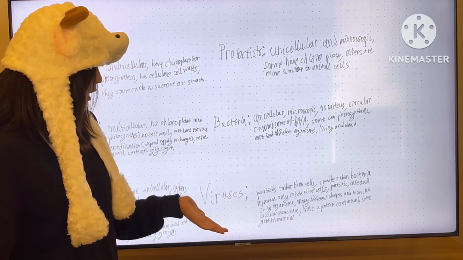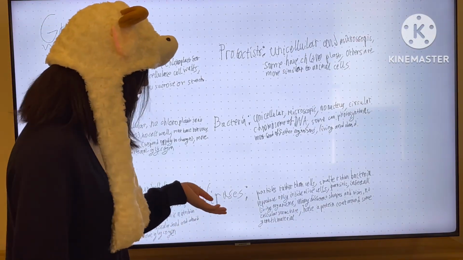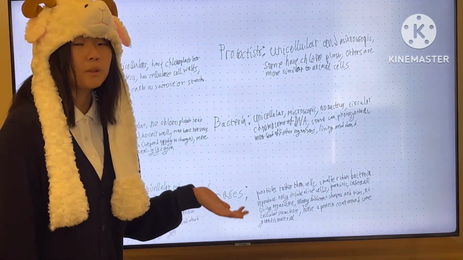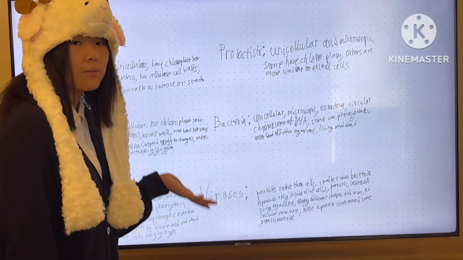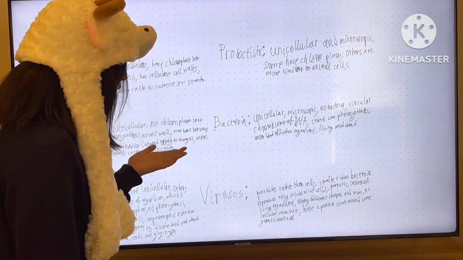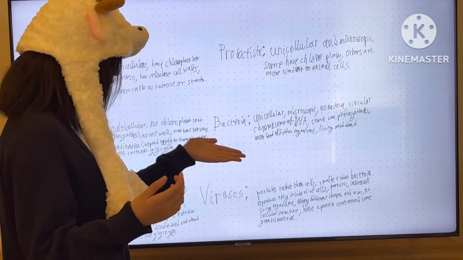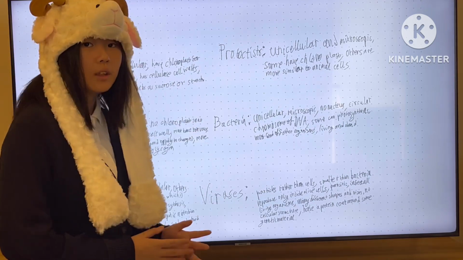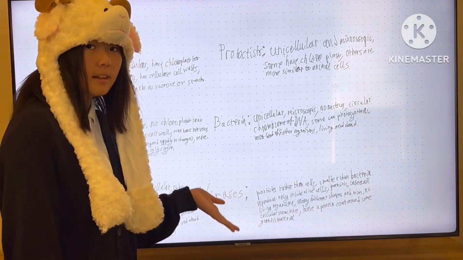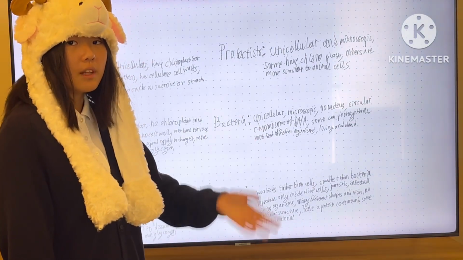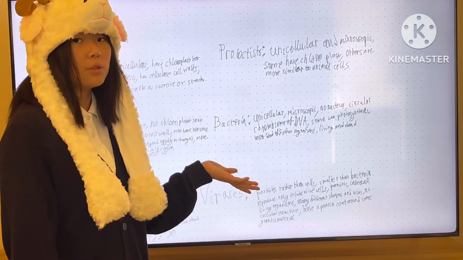The last group is viruses. Viruses are not cells, but rather particles, as we do not consider them as living. They're very small, smaller than bacteria even, and the only thing that they do is reproduce. And even then, they need to be inside of a living cell called a host to be able to.